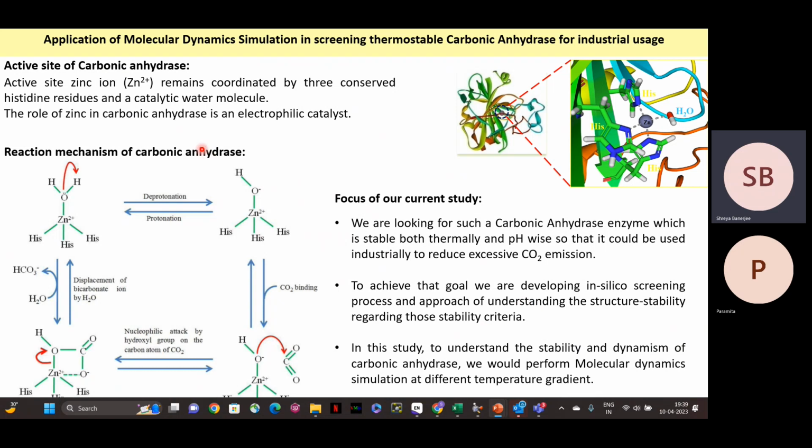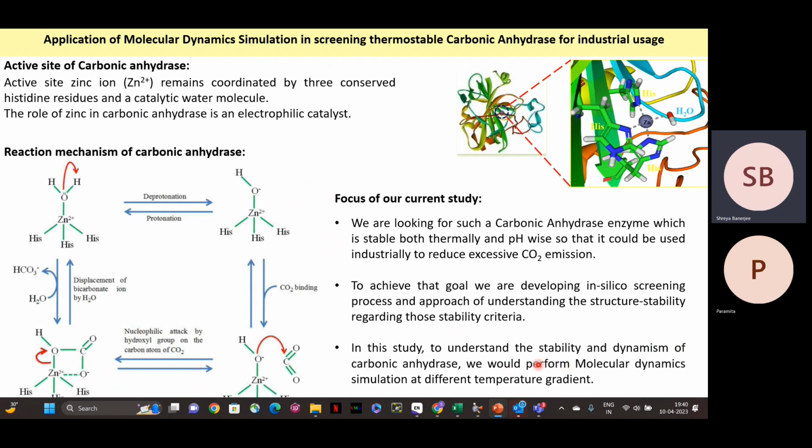There are many different carbonic anhydrases from many different organisms, but you need a particular carbonic anhydrase that has both a stable structure with respect to heat and pH, and also the efficiency of conversion of CO2 to HCO3 minus has to be good. That is, the turnover number of the enzyme has to be high.